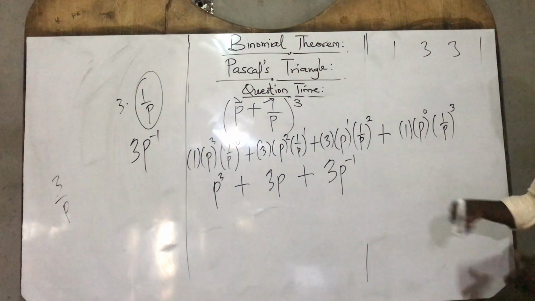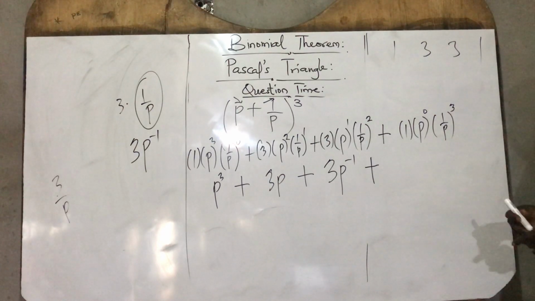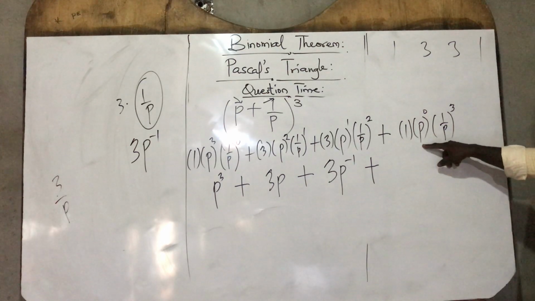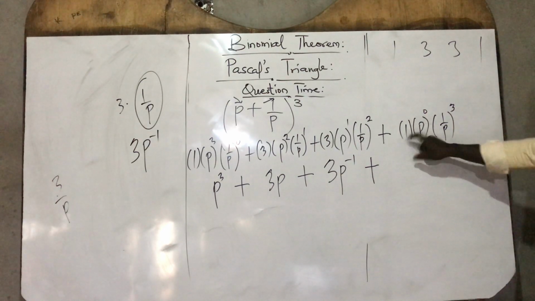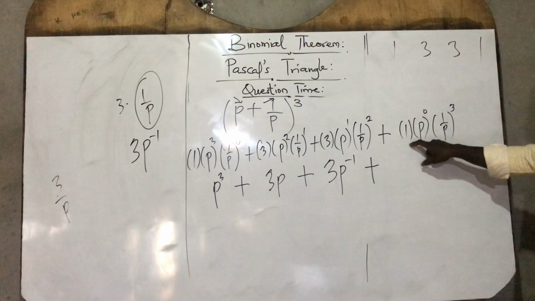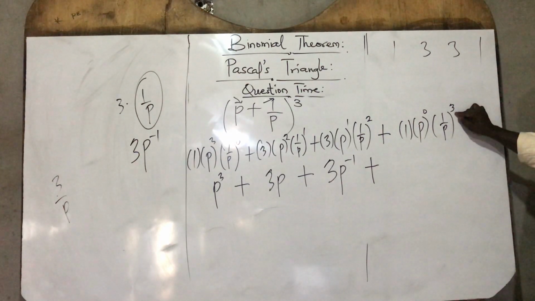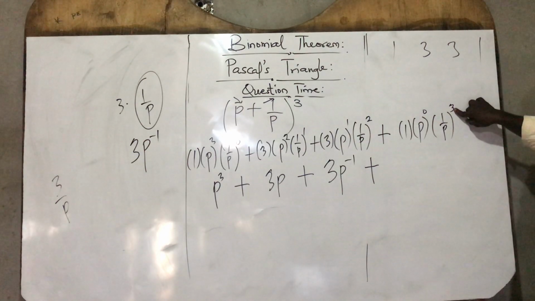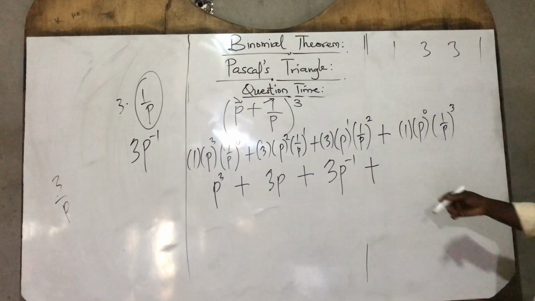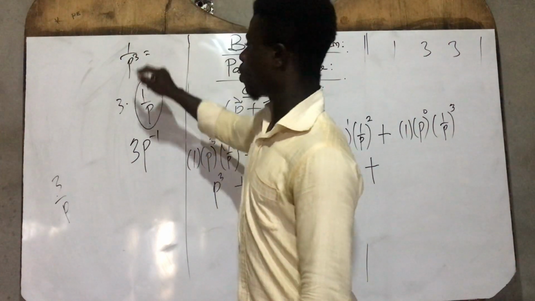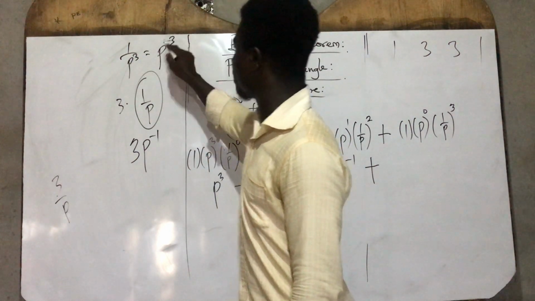Then plus, this will give me 1. 1 times 1 is 1. So 1 to the power 3, then p to the power 3, because this one is affecting all, right? So I'll get 1 on p to the power 3, which is the same thing as p to the power negative 3.